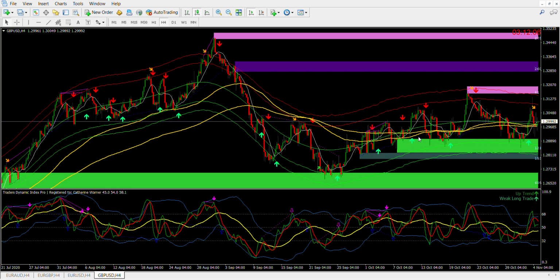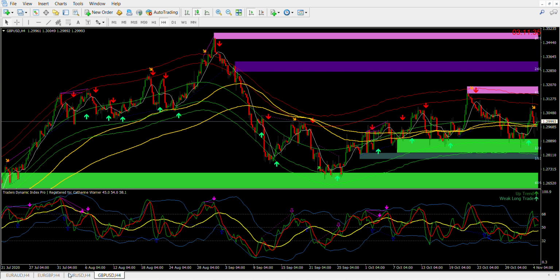You have this area of support here, this green filled area, and as we can see, we do have price touching this green price band and a signal candle, and the red and green lines move above the yellow line. So this is a good entry point, which is confirmed by basic support and resistance.